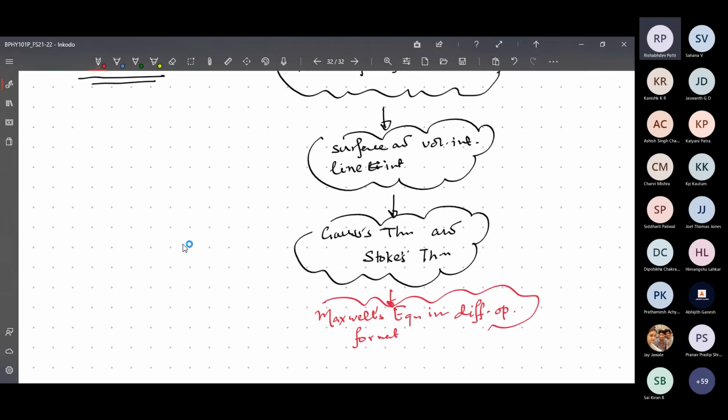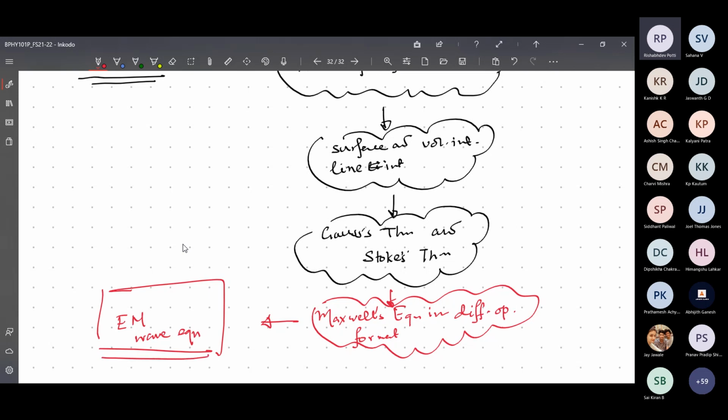That is the immediate thing. Once we have it, then the electromagnetic wave equation. So this is our goal, and that is why we are studying all these things.